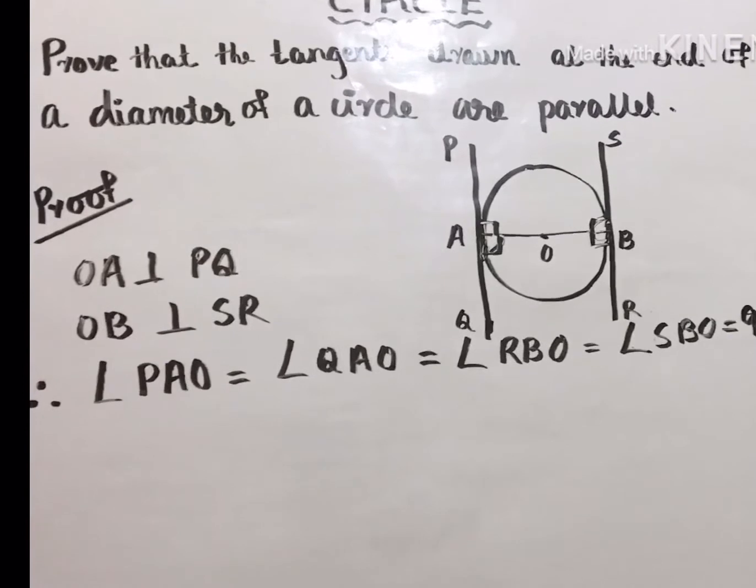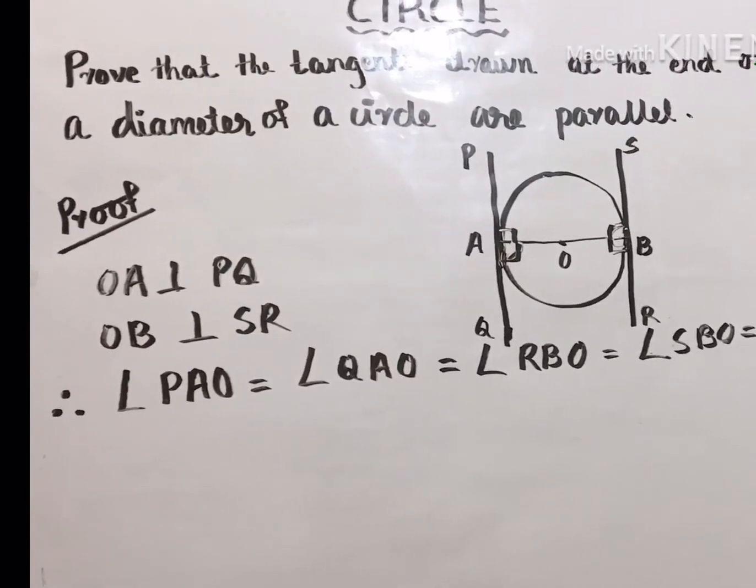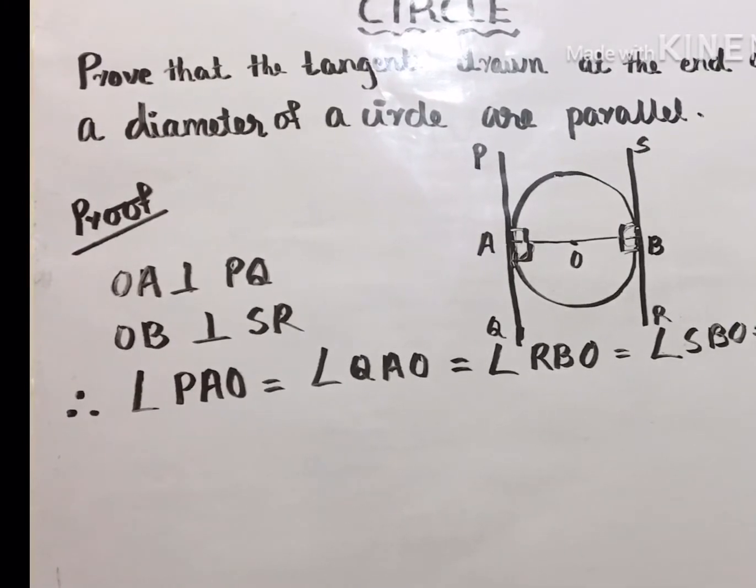Since OA and OB are the radii corresponding to the tangents PQ and SR, we can say that all these angles are 90 degrees.